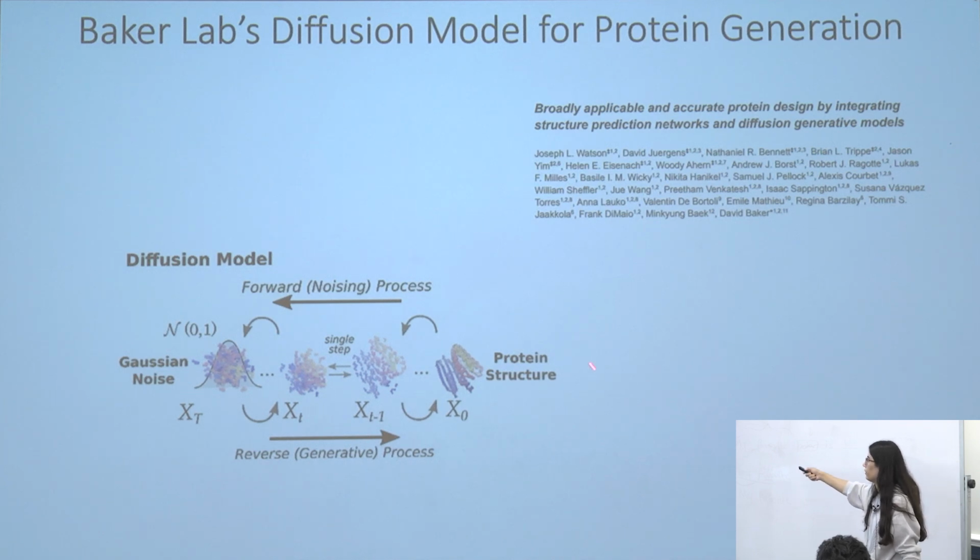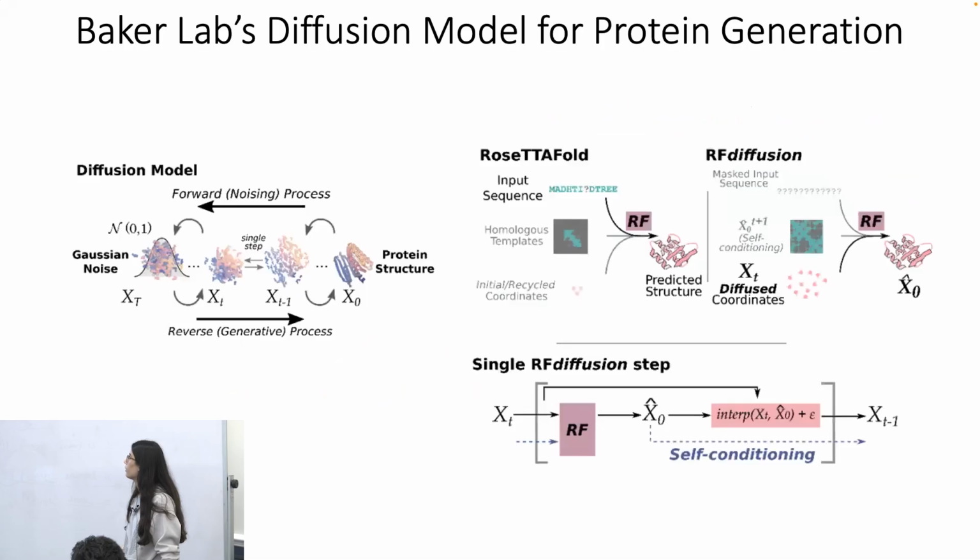And then once it is fully trained, it's able to start from just noise and go straight to protein structures that look like they would be well-folded or well-structured. And their paper is right here, and I will also share it with you. So that should be fine.